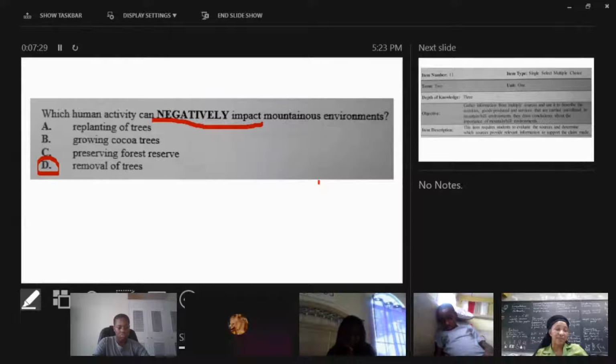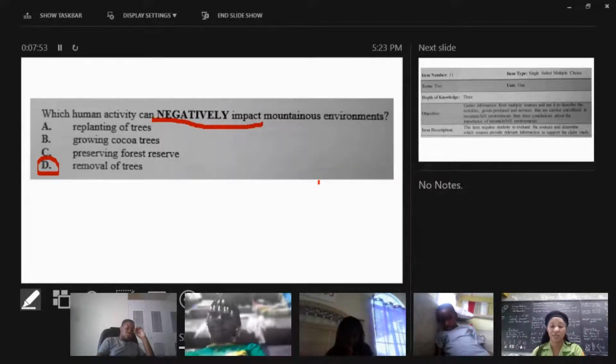And as Madison said, the roots of the trees help to hold the soil together. And when we remove them, the soil has nothing to hold it up. And so when the rain comes or the wind, we can have soil erosion and landslides, land slippage, and so on.